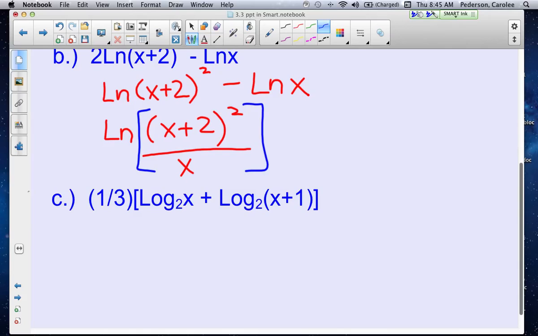Question C. What do I want to do there? Move the 1/3 back up to a power, and what else? And then multiply x and x plus 1.